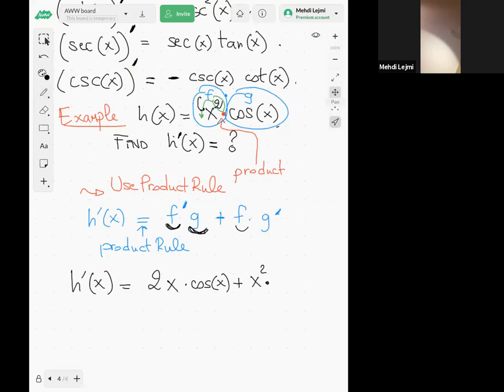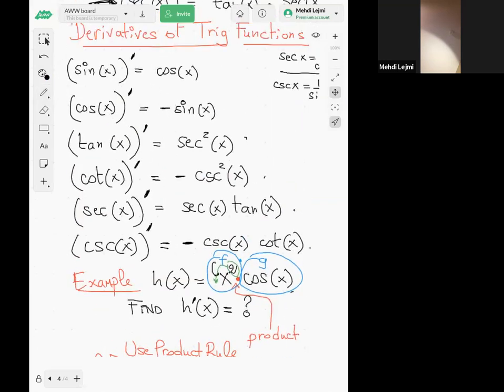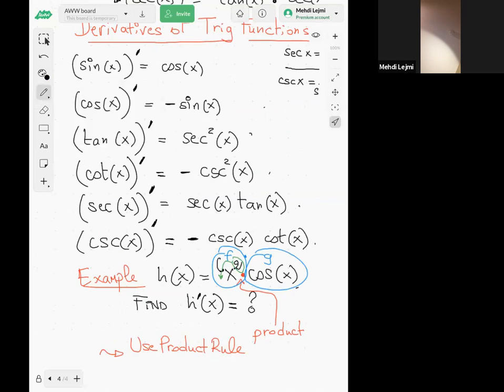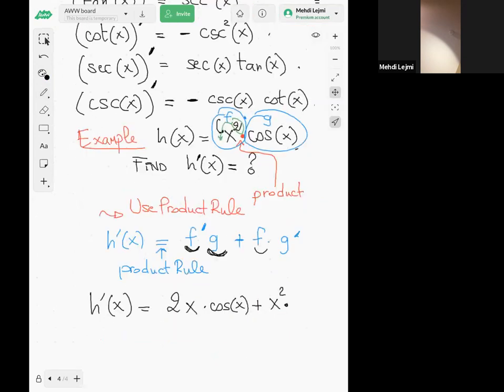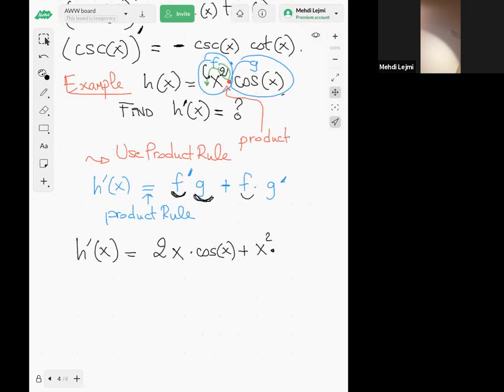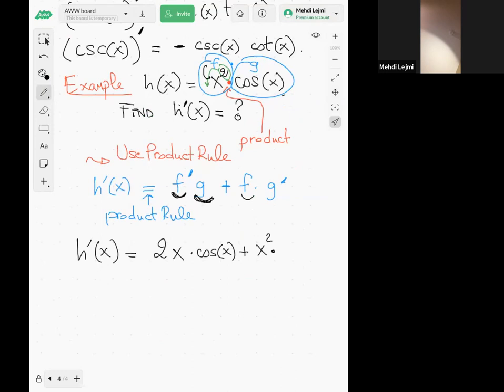Well, we have the formula now. The derivative of cosine is minus sine. So it's x squared times minus sine.